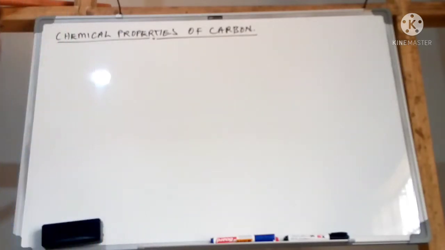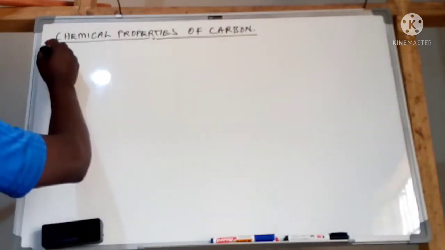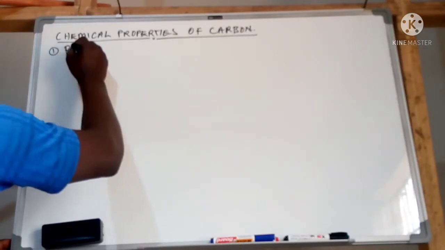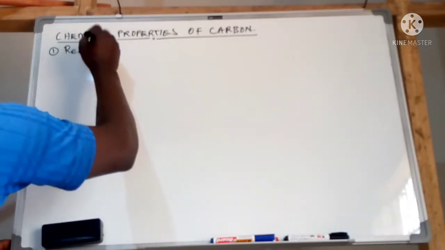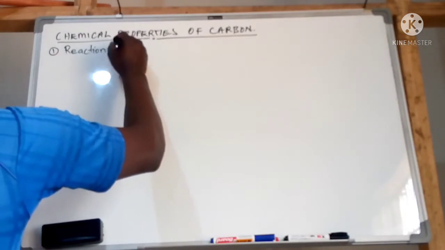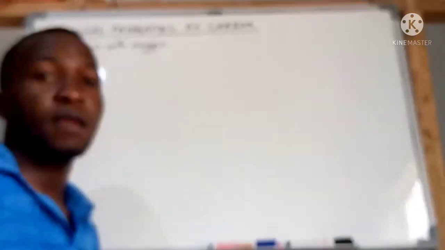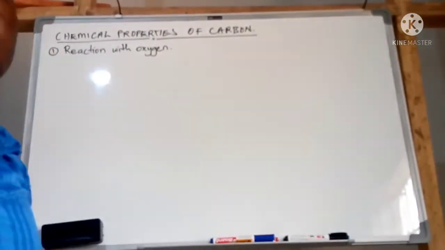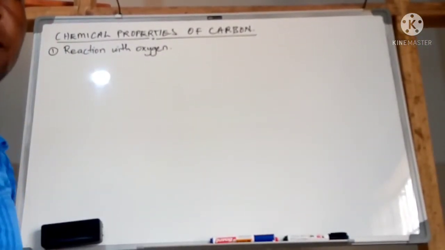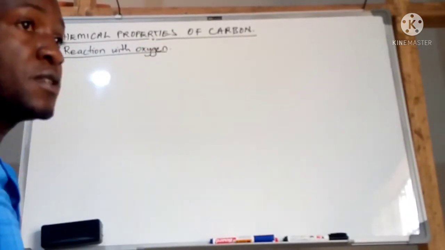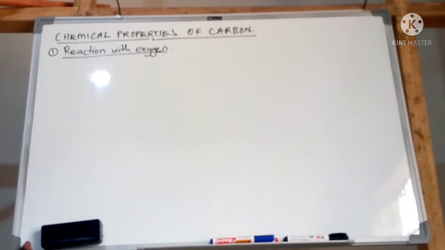Chemical property number one we begin with is how carbon reacts with oxygen. So we are going to look at the reaction with oxygen. There are two conditions in which carbon reacts with oxygen.